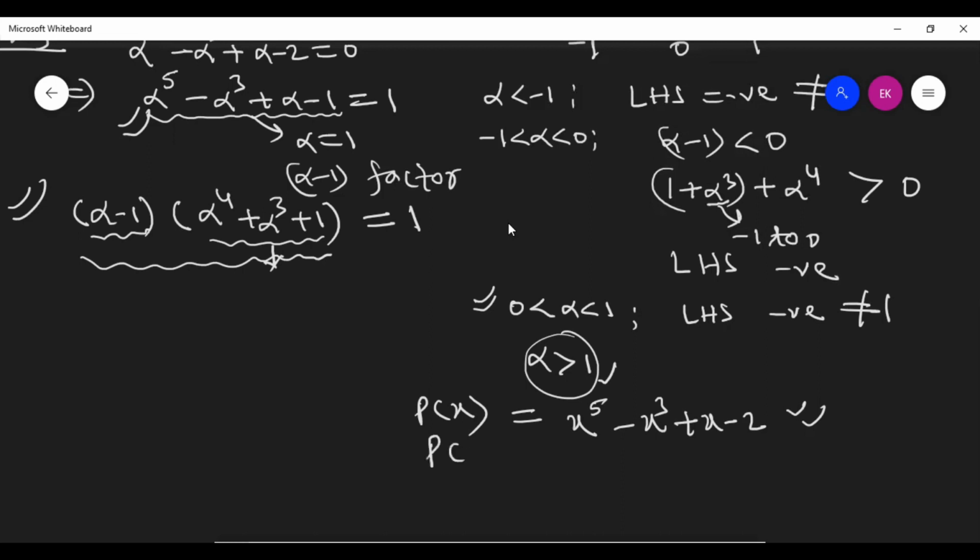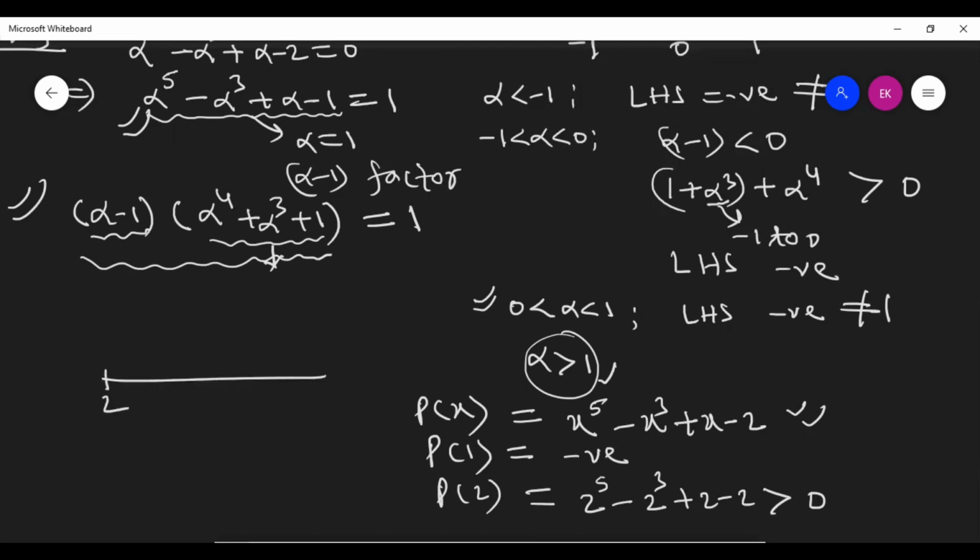Here P(1) is negative, but P(2) is a positive value. It is 2 to the power 5 minus 2 cube plus 2 minus 2, so it is a positive value. So it tells us that this equation will have a real root, that is alpha, in between 1 and 2.